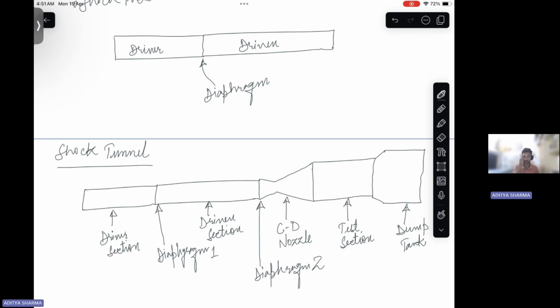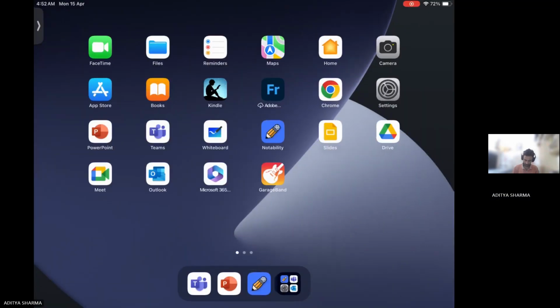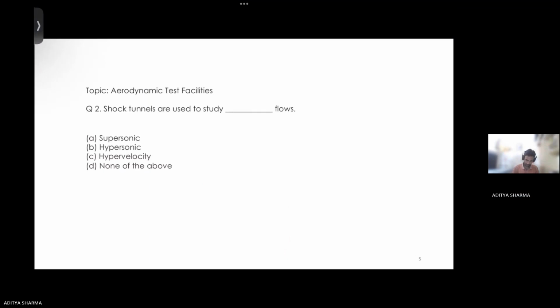So this is the setup of a shock tunnel. And the answer to this question is B option.